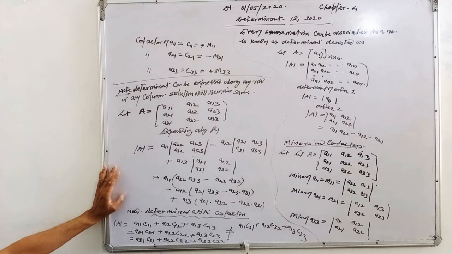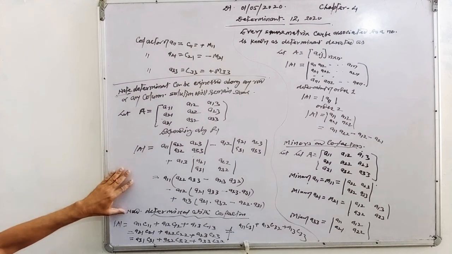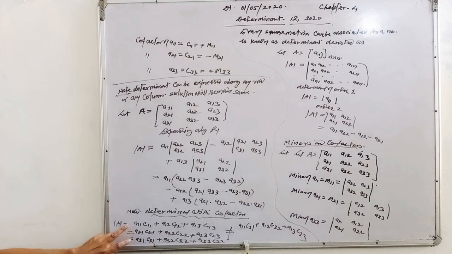When you expand along any row or any column with the elements and their cofactors, you get the determinant with cofactors. Suppose you are expanding along R1: write the first element a11 into its cofactor C11, plus a12 into its cofactor C12, plus a13 into its cofactor C13.